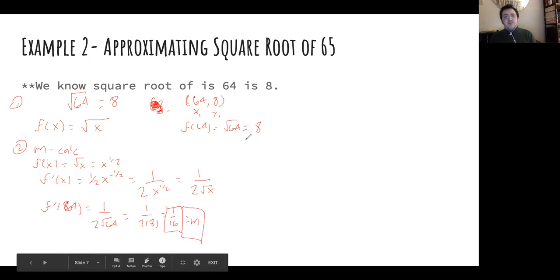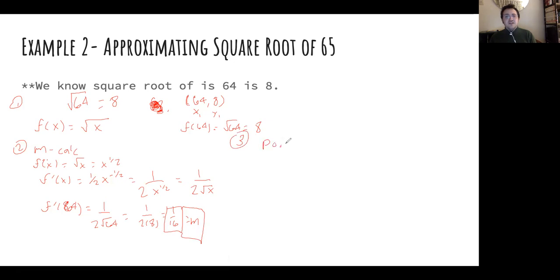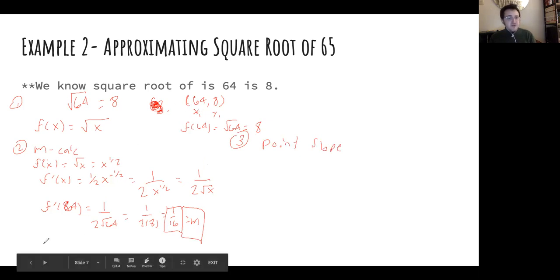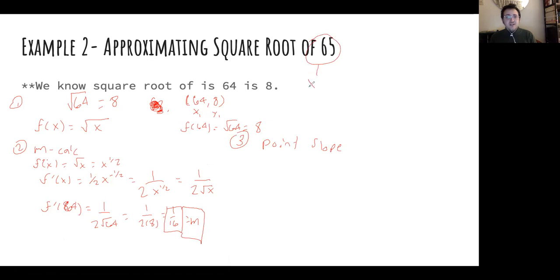All right, and now the third thing I'm going to do is point slope. We also know that I'm looking at the square root of 65, so x is equal to 65. And then I have x1 and y1 as 64 and 8.